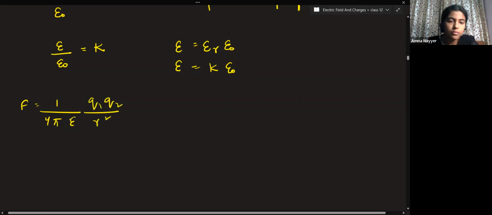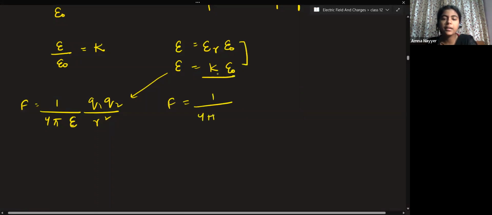Now see, I have this value epsilon, and if I wish to relate it through epsilon naught only, meaning for the vacuum or air, I can use any of these two relations. Let's use this one. This is easier because we know the value of K, we know the value of epsilon naught. If you substitute this value of epsilon in this equation, you will get 1 by 4 pi, instead of epsilon you will have K epsilon naught, q1 q2 divided by r square.